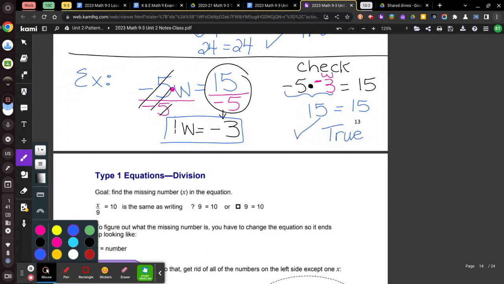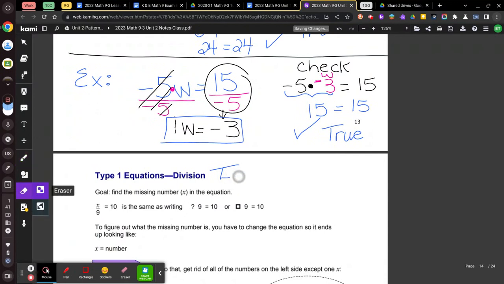All right, the last type of one step. This is type 4. This is our last type. Type 4 one-step equation. This time we're dividing.